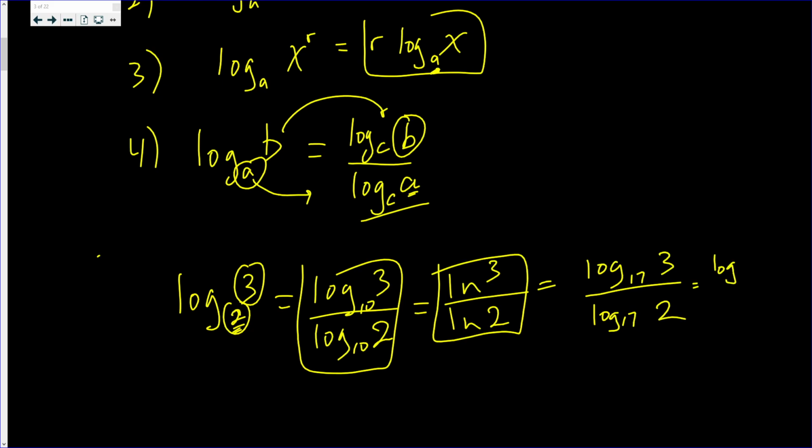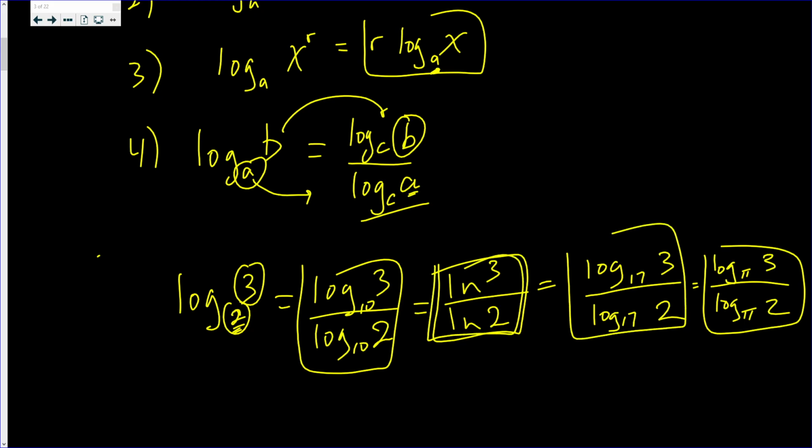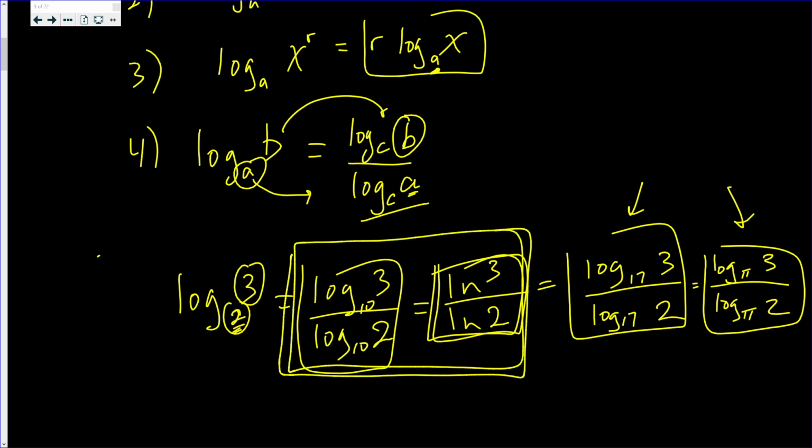We have our calculator that, believe it or not, has log base pi. These divisions are all going to be equal, and you can calculate them if you have that special calculator that has log base 17 and log base pi. But for us mortals, it's going to be those two.